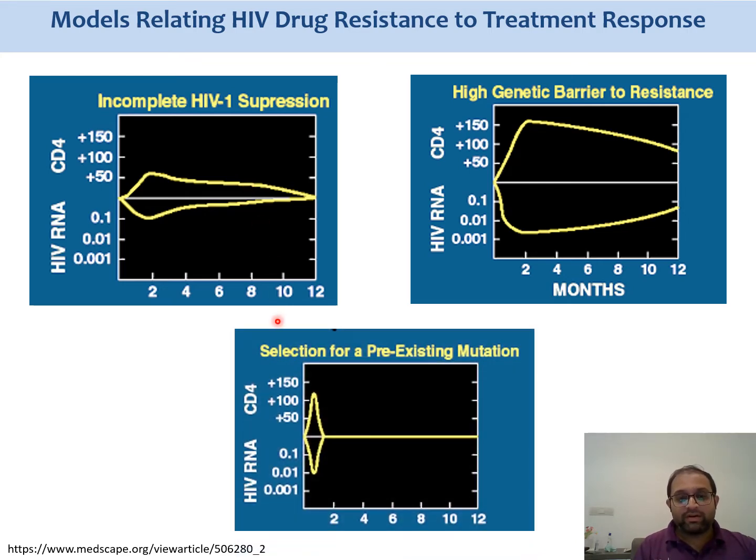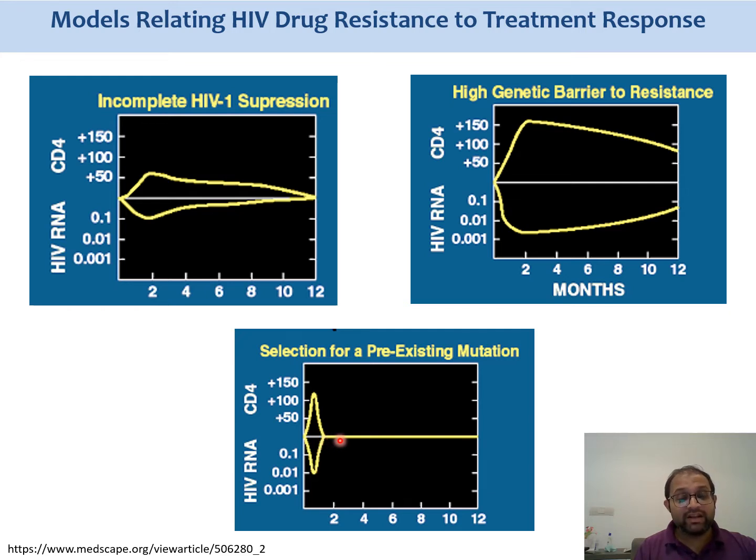This is an important model which looks at an individual who has received a pre-selected mutation. So a mutation which was transmitted to this individual who is ART naive. So in the very first view, you'll see a rapid decline of CD4 count and a rapid sharp increase in the HIV RNA.